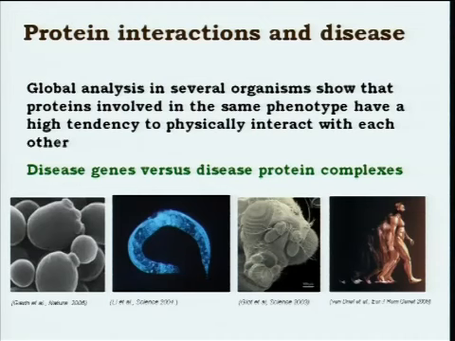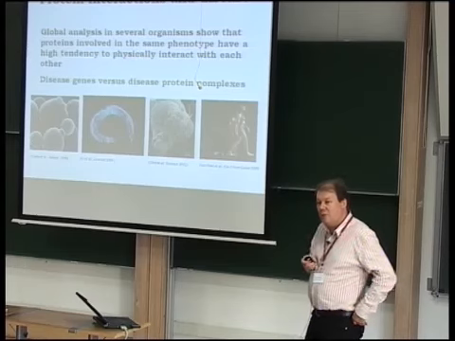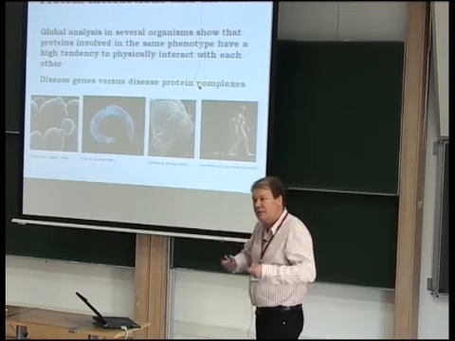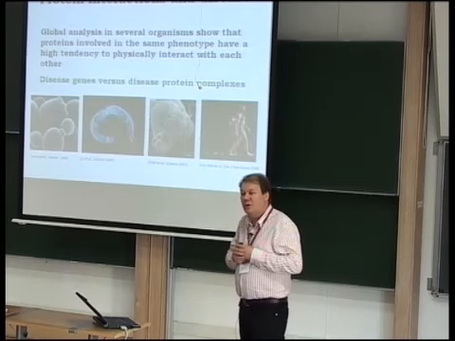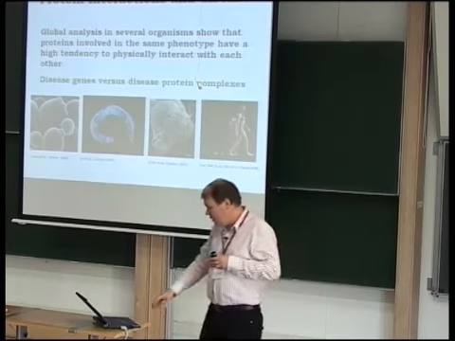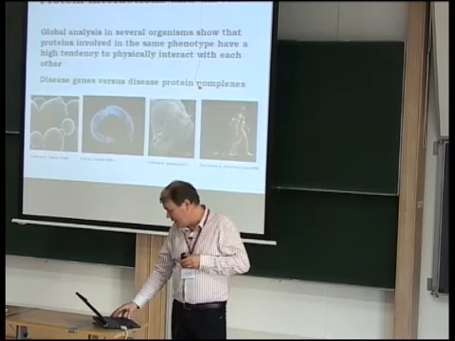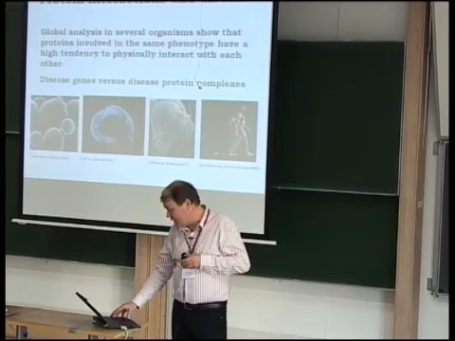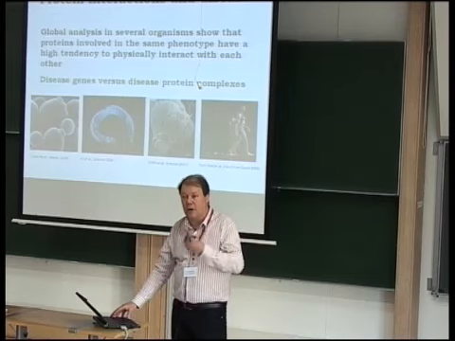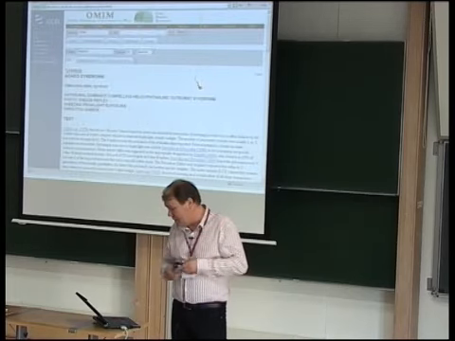So you can get the same phenotype from mutations in different members of such a protein complex. And this is what we in particular exploit when we use known disease genes or known disease proteins to pick up and discover new examples that relate to a particular disease, and then prioritize them using Bayesian methods.